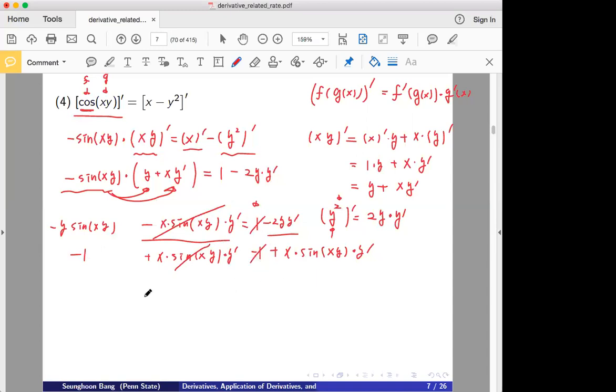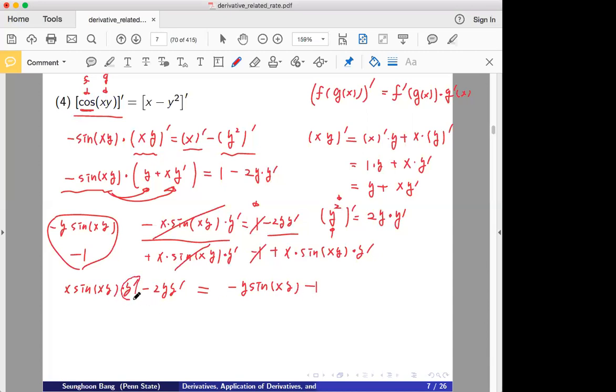The right hand side has the x sine xy times y prime minus 2y y prime equals, we have this one, the negative y sine xy minus 1.